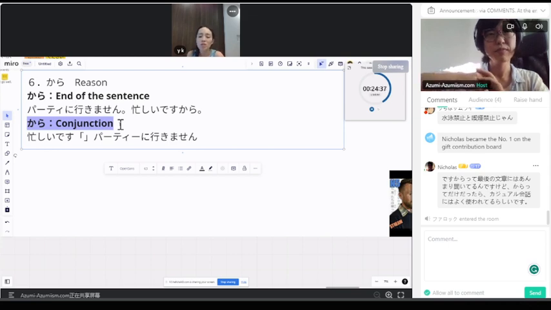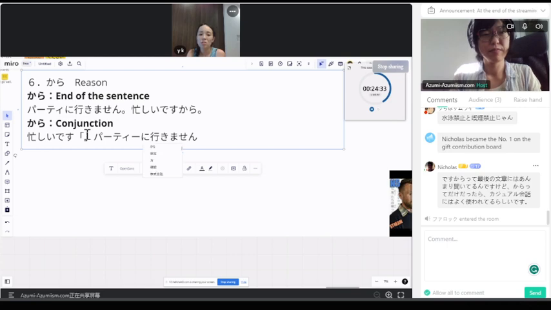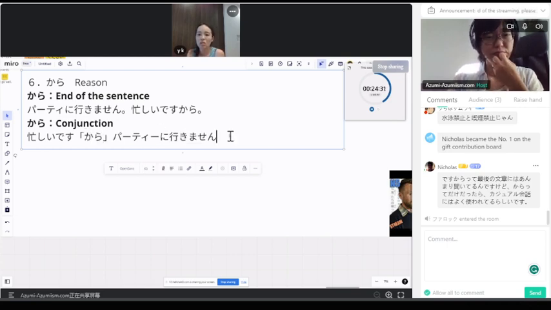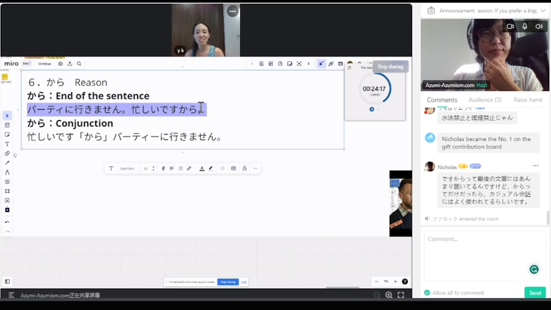But so, the Genki textbook, maybe for students it's more straightforward. So separated sentences: 多分パーティーに行きません。忙しいですから。So two sentences. It's easier, I think. So that's why the Genki textbook chose to separate.